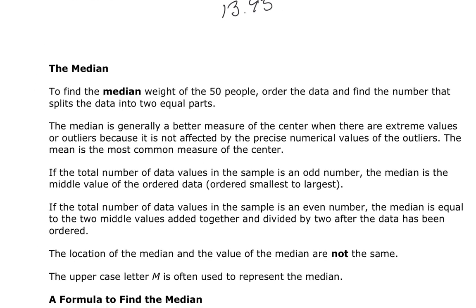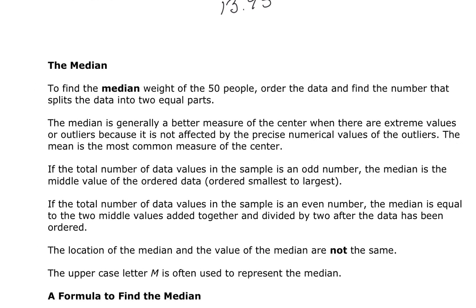Now, the median, we know how to find the median. It means that the median is that halfway mark. We did the median two videos ago in 2.3. The location of the median is not the value of the median. They are not the same thing.